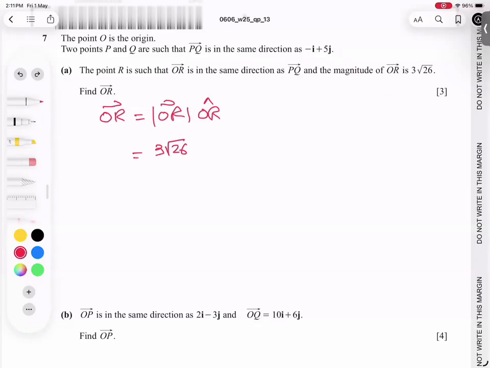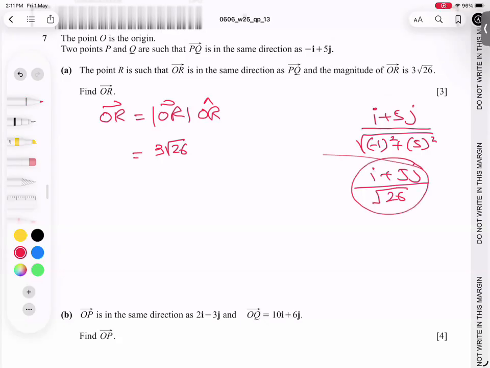I'm finding this: I plus 5j divided by root of, like a magnitude, minus 1 and 5. I'm getting I plus 5j divided by root 26. This is direction.